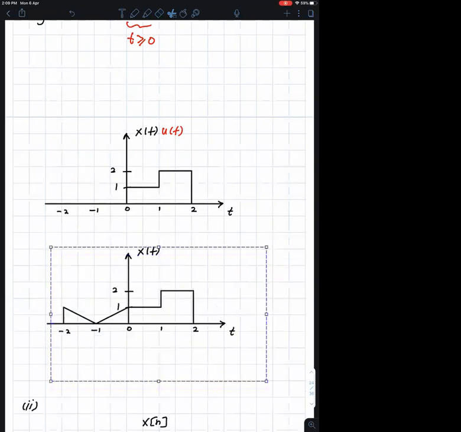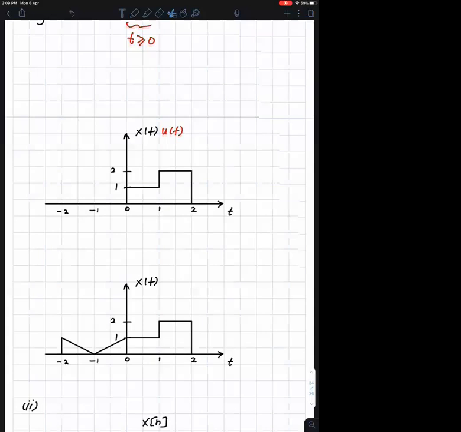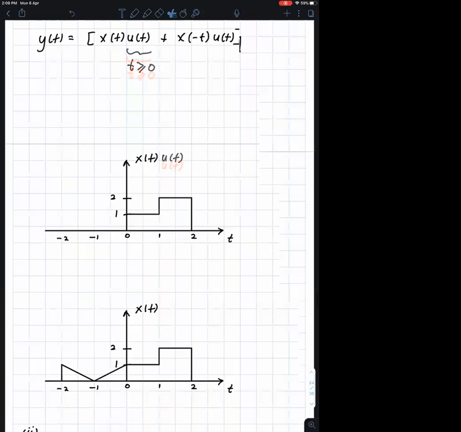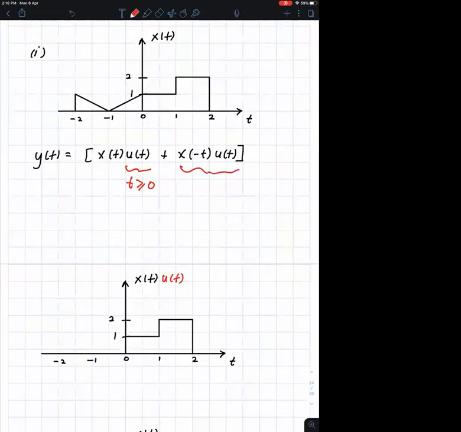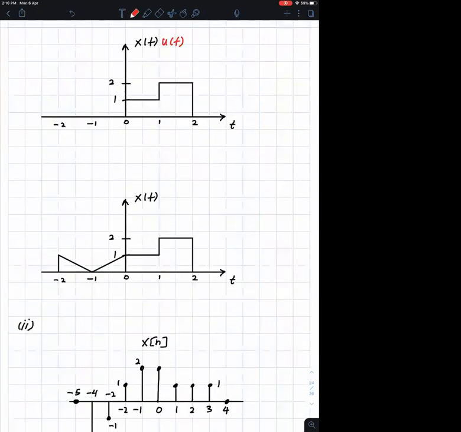Okay, move this aside. Can you see? Can you follow this? Yes, sir. Okay. Now you look at this part. This part is telling you, you have a minus sign here, right? For example, we look at the signal first. This minus sign here means you're going to flip the signal around the vertical axis.